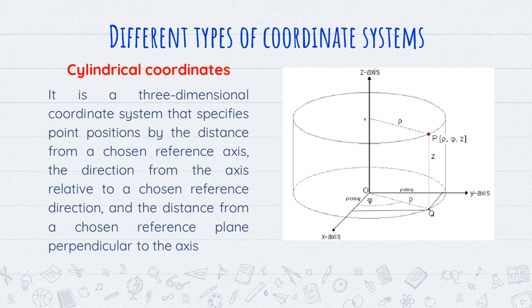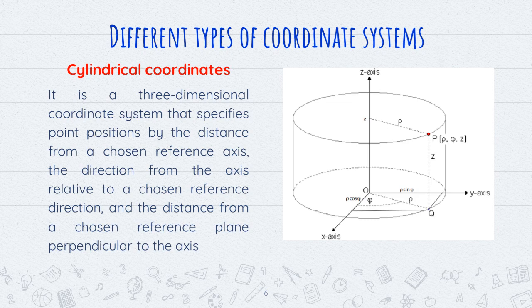Any point on this plane has the same angle phi with the xz plane. Therefore, we define this plane as a phi constant plane.